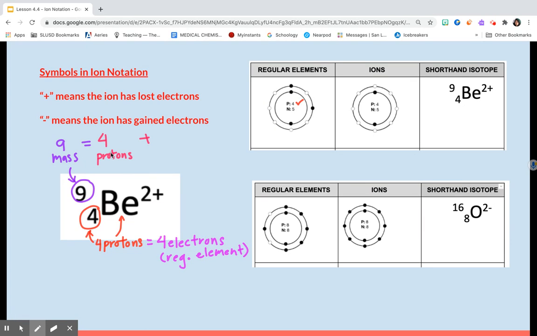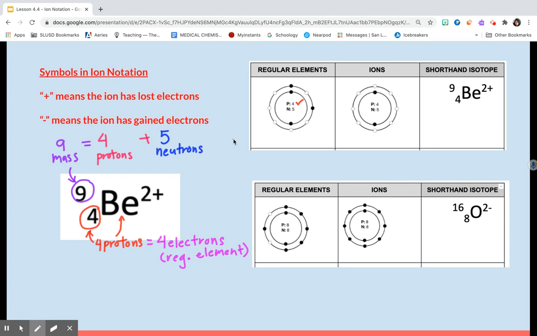So you can think to yourself, 4 plus what equals 9, and that will give you the number of neutrons. Or you can also think 9 minus 4 equals what? And that will give you the number of neutrons. So 9 minus 4 is going to be 5. So I have 5 neutrons.